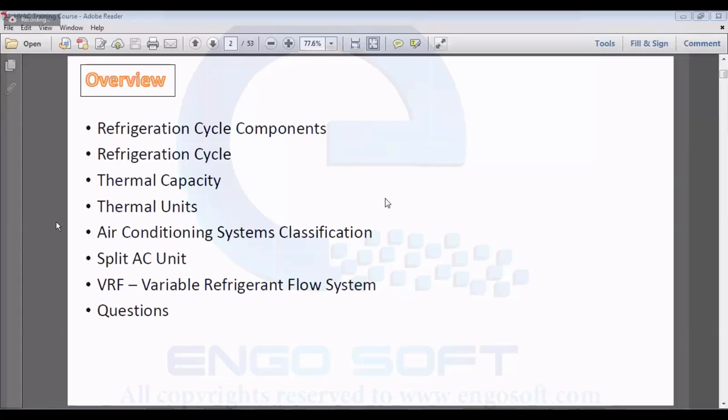Am I saying anything difficult? I am familiar with some of these points, but the refrigerant cycle components, and then refrigerant cycle thermal capacity, thermal units, I'm not familiar with this.